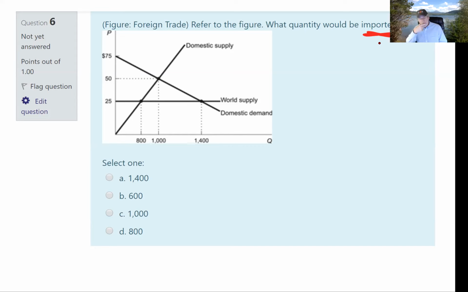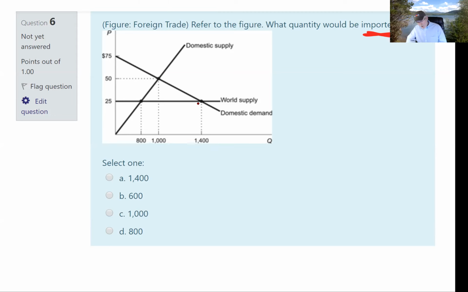Only three curves here. Okay? Domestic supply, upward sloping. That shows domestic just means American producers. That curve is showing you how much American producers are willing to supply at each price. Domestic demand is showing us how much American consumers want to buy at each price. Okay?